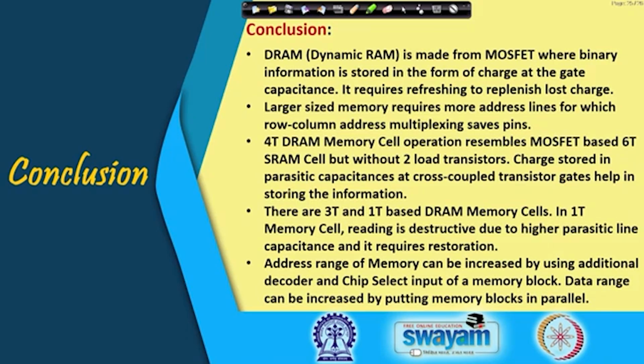Okay. Larger sized memory we can do better by multiplexed row column addressing, which saves the number of pins that would be required for the memory IC. And we had seen how 4 transistor DRAM memory cell, 3 transistor DRAM memory cell, and 1 transistor DRAM memory cell works, and their specific characteristics.